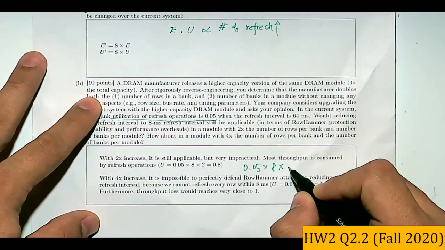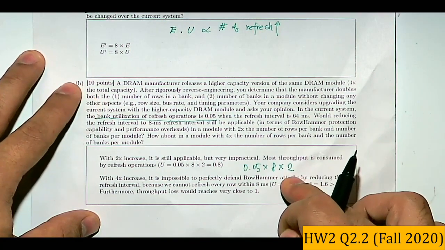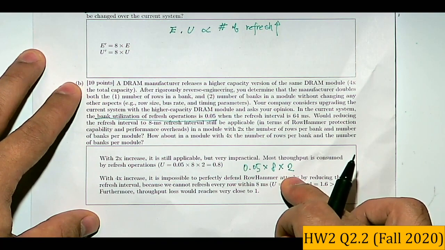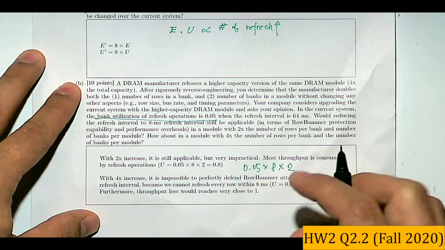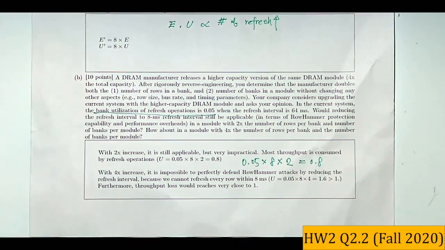So we just multiply by 2, which means double the number of rows in a bank. And this is 80%, so this is possible.